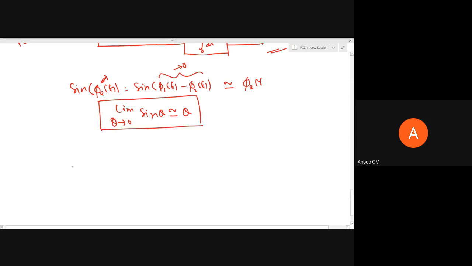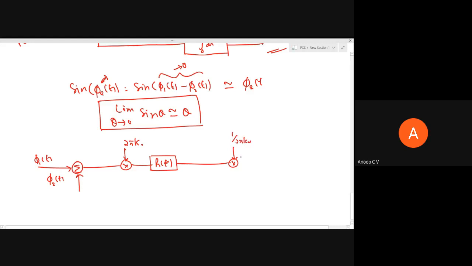So the linear model of PLL is: we have this sigma, here we have phi 1 of t, here we have phi 2 of t, and here we have phi e of t. For phi e of t, we don't have that sine part; it's directly multiplied with 2 pi k naught, where k naught is kV, AM, AC. I've written it earlier. So 2 pi k naught. Then this is passed through h of t, and finally this is multiplied with 1 by 2 pi kV to get V of t.